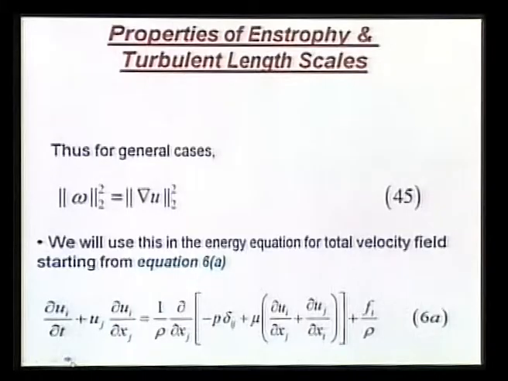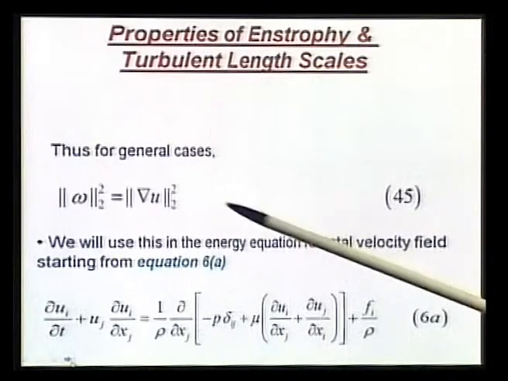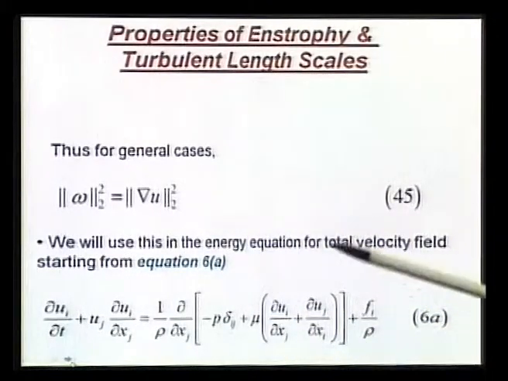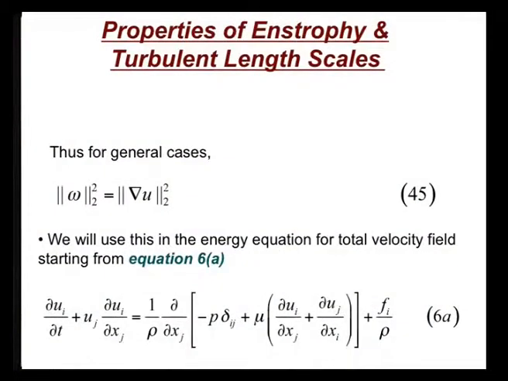So, in a sense, what we are saying is that for the general case, the enstrophy measure is given by the velocity gradient measure, right. So, we can make use of this equation 45 in further developing our ideas.